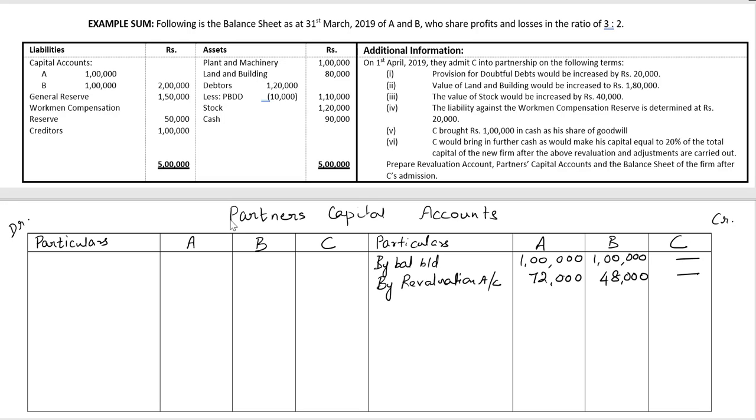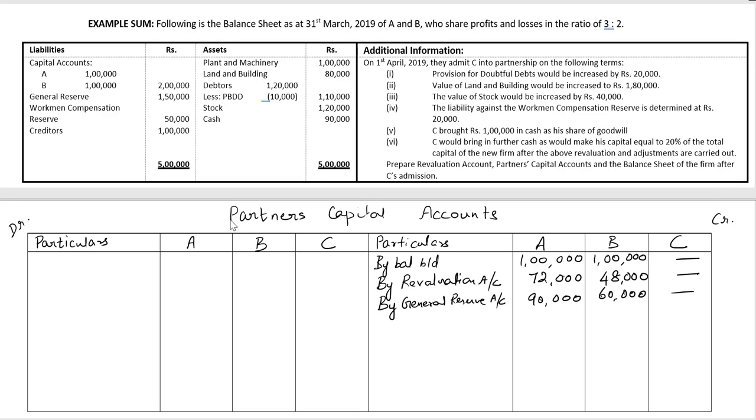This has to be distributed among A and B in their OPSR. So by general reserve account, 1,50,000 in 3:2. So it's 90,000 against partner A and 60,000 against partner B.